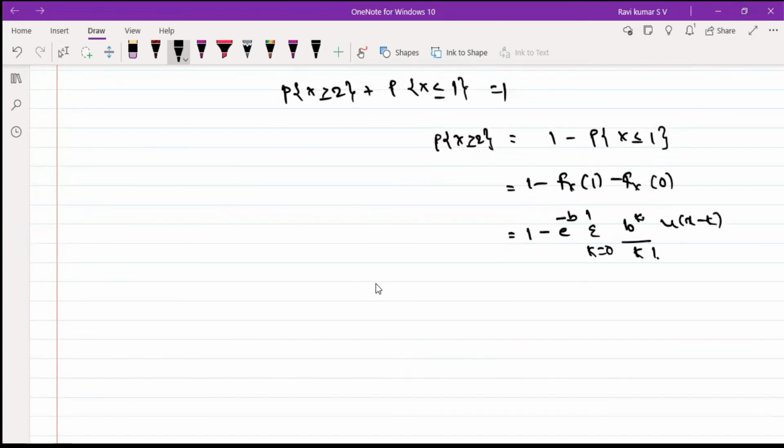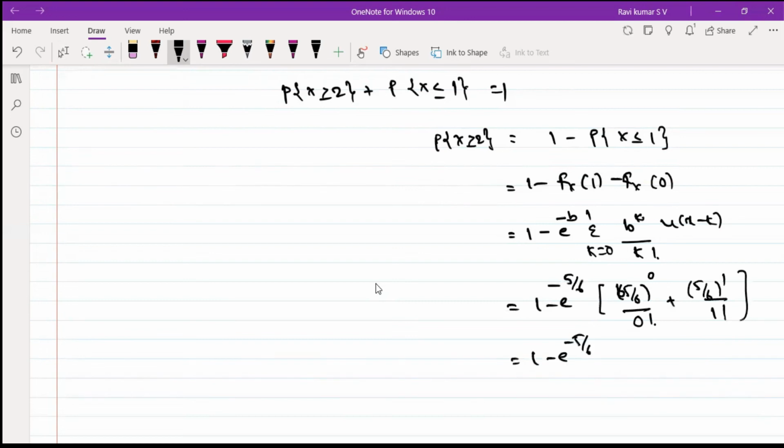Then substituting the values, 1 minus e to the power minus b, where b is 5 by 6. Taking k equal to 0, b value 5 by 6 to the power 0 by 0 factorial, plus the k equals 1 term. So 1 minus e to the power minus 5 by 6 times the sum, and by simplification you get 0.2032.